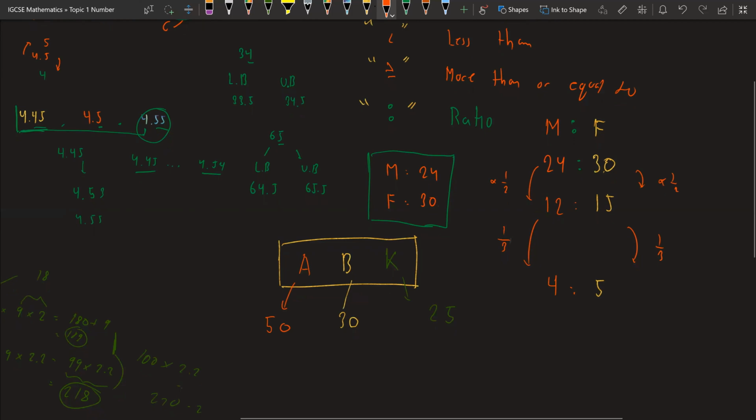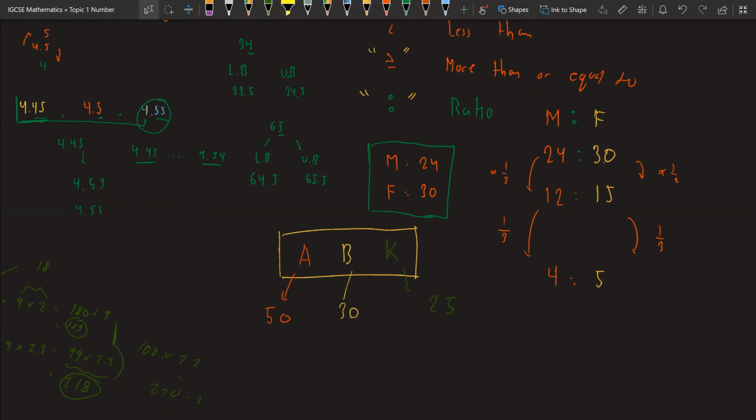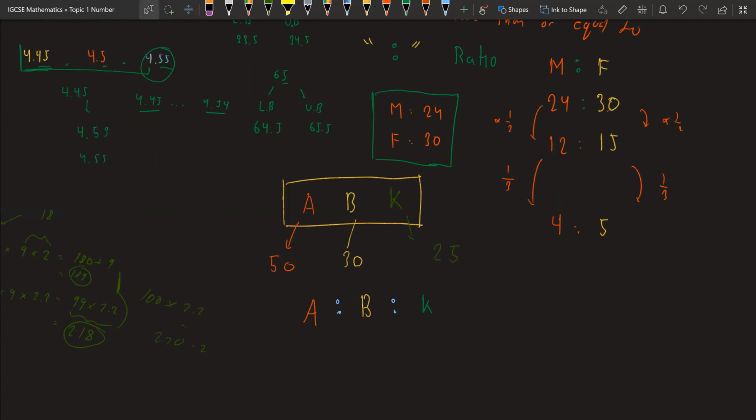If somebody asks you the ratio of apples to banana to kiwi, I could start with 50 first, write 30 here and 25 here, and slowly reduce it.